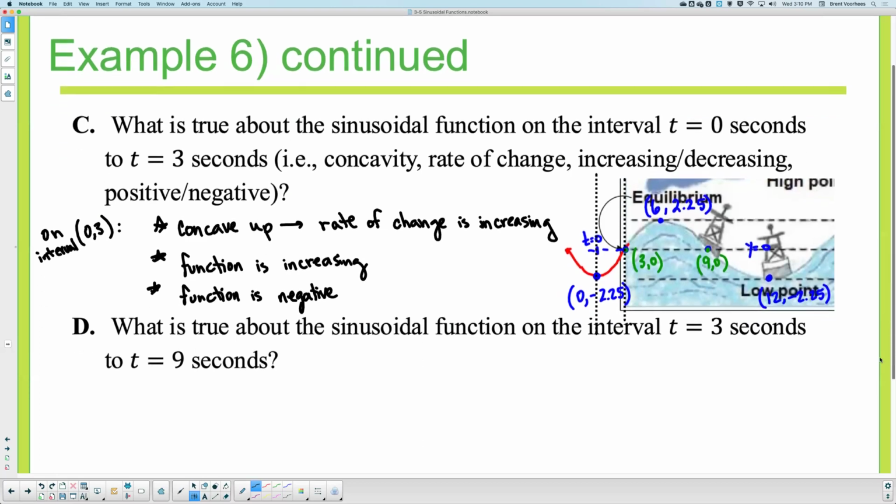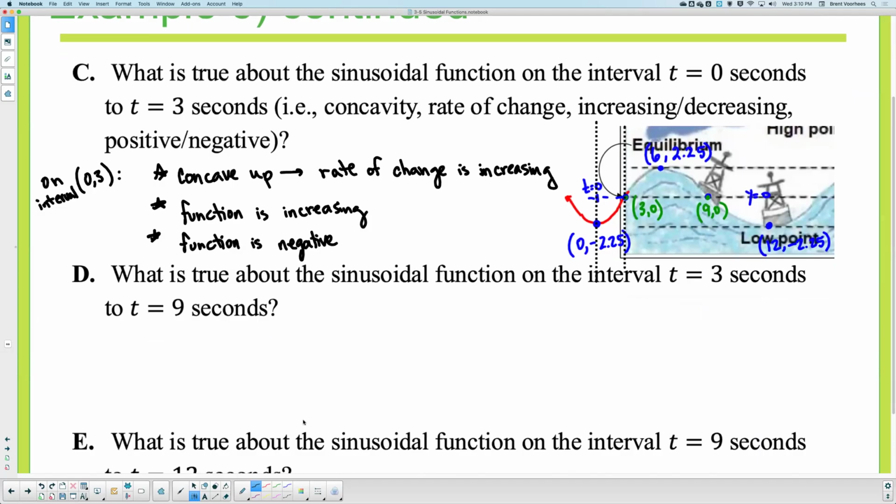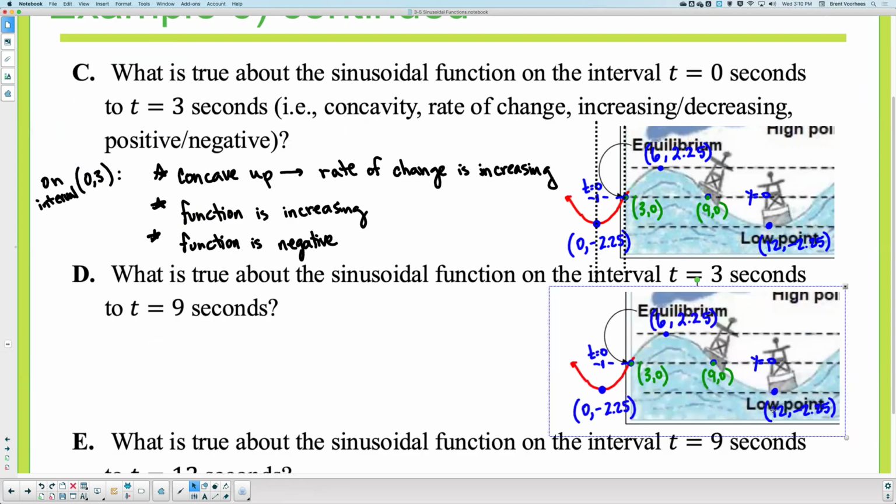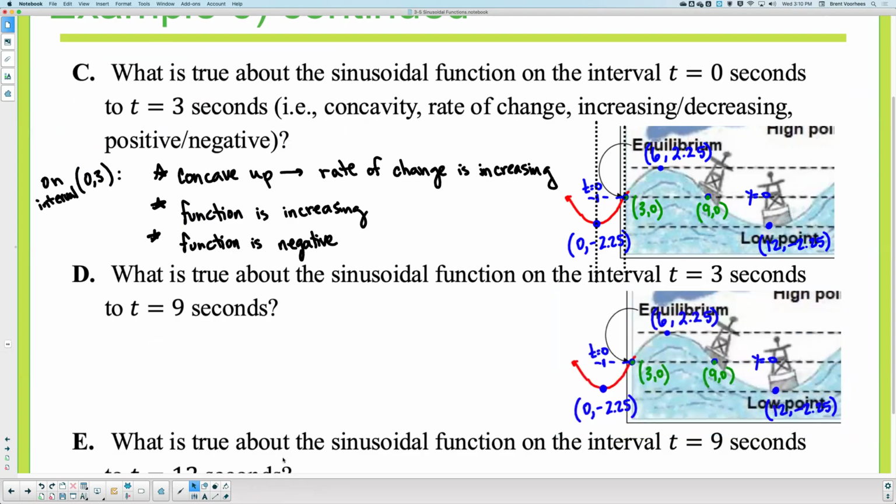Okay, now next portion, it says what is true about the sinusoidal function on the interval 3 seconds to 9 seconds. From 3 to 9, what's happening? Well, here's 3. There's 3 seconds.